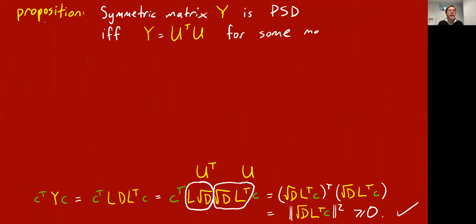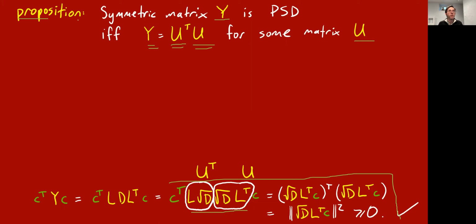And so we see that if you have a symmetric matrix Y, it can be written as Y equals U transpose U for some matrix U, because these L's and D's exist. And conversely, by this proof that's still written down here, if you ever write Y as some matrix U transpose times U, then this proof goes through, and you conclude that Y is PSD.